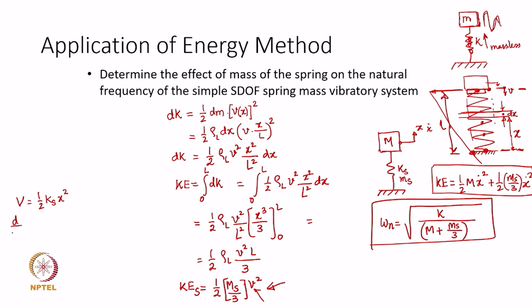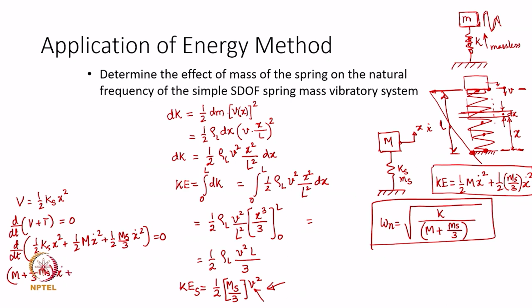So, if I write d/dt of V plus T equals 0, it means half Ks x square plus half m x dot square plus half mass of the spring by 3 x dot square equals 0, which if you solve you will get the governing equation as m plus 1/3 of ms, x double dot plus ks into x equal to 0.